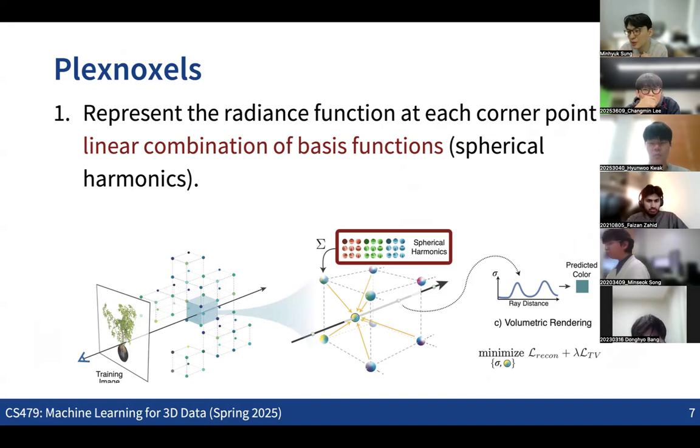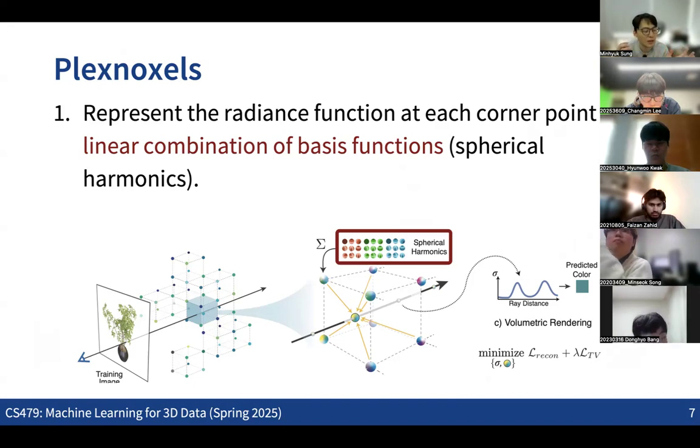So as we do the Fourier transform, we can also define basis functions over the sphere. What we are using here are spherical harmonics, which allow some kind of spectral analysis. Let's say we define some basis functions over the sphere and represent the radiance function as a linear combination of those. We specify a certain number of basis functions, which means the radiance function will be represented as a set of coefficients of those basis functions.